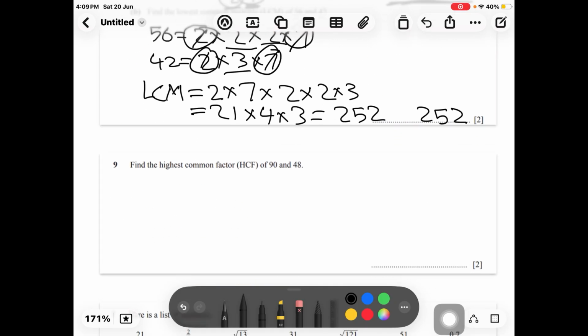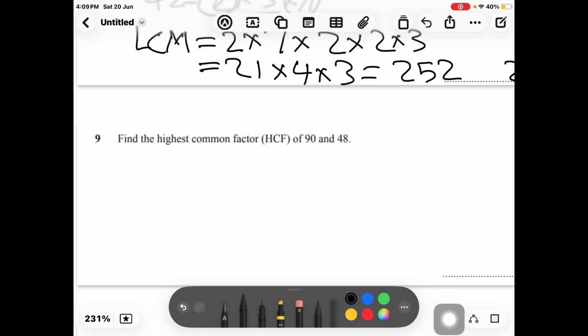And next question. Find the highest common factor, HCF, of 90 and 48. Now this is a similar question and we use the same method, except we're only going to use the similar factors to find the HCF, because HCF is the highest common factor. We don't need a multiple, we need a factor.